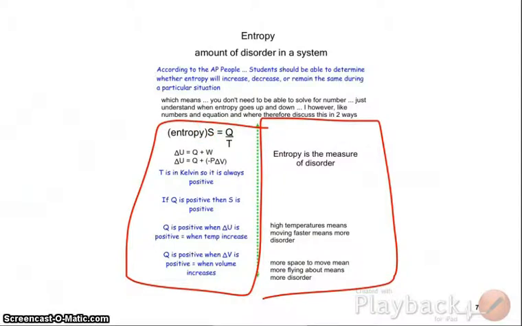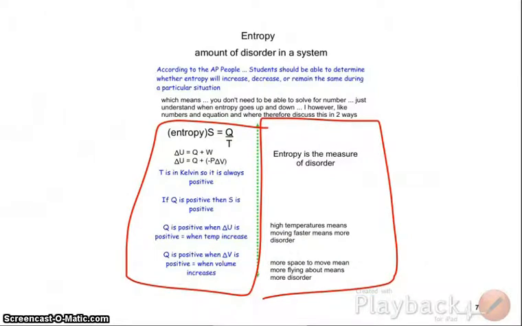Now, Q is positive when delta U is positive. So basically, when your temperature increases, Q goes up, which means your entropy is positive. Q is also positive when your change in volume is positive.